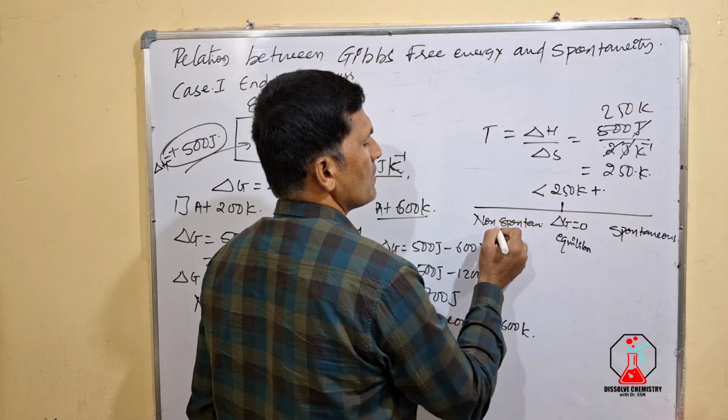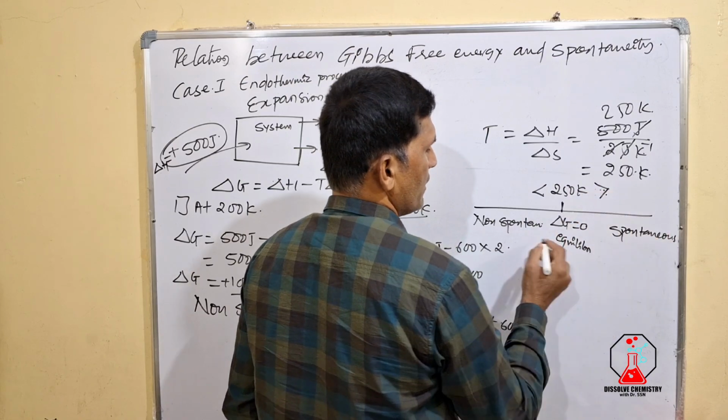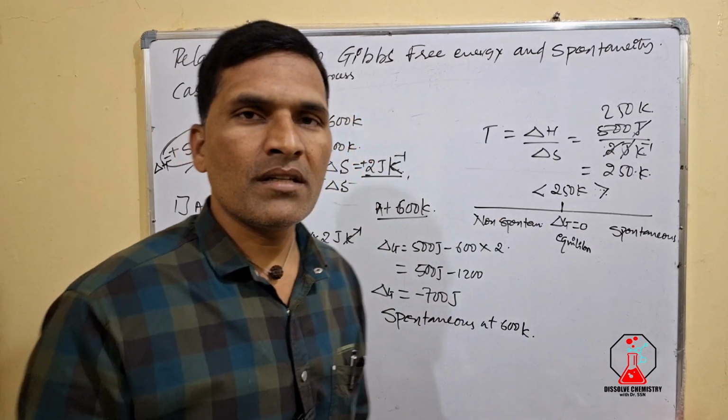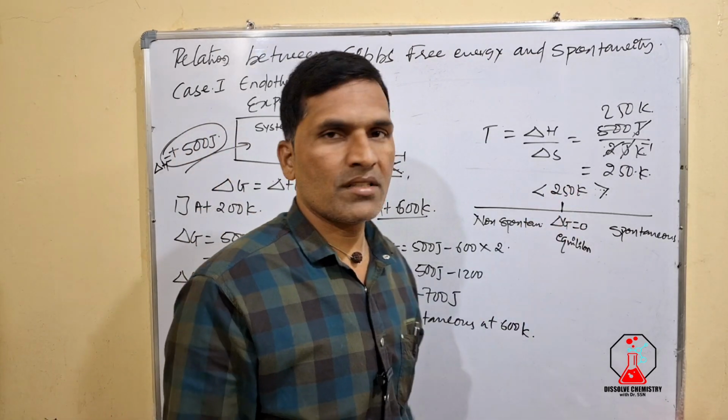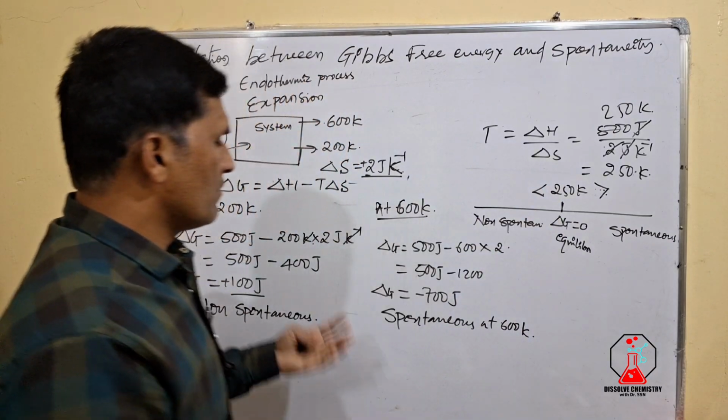Above this, spontaneous, and at this point the Gibbs free energy change will be 0, and that temperature we call the crossover temperature. I think you have understood this one.